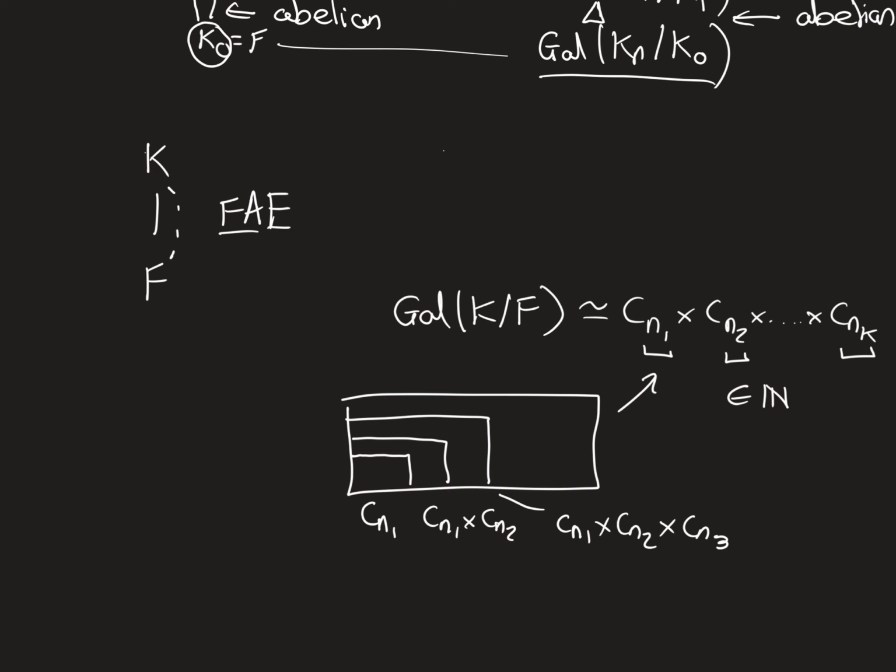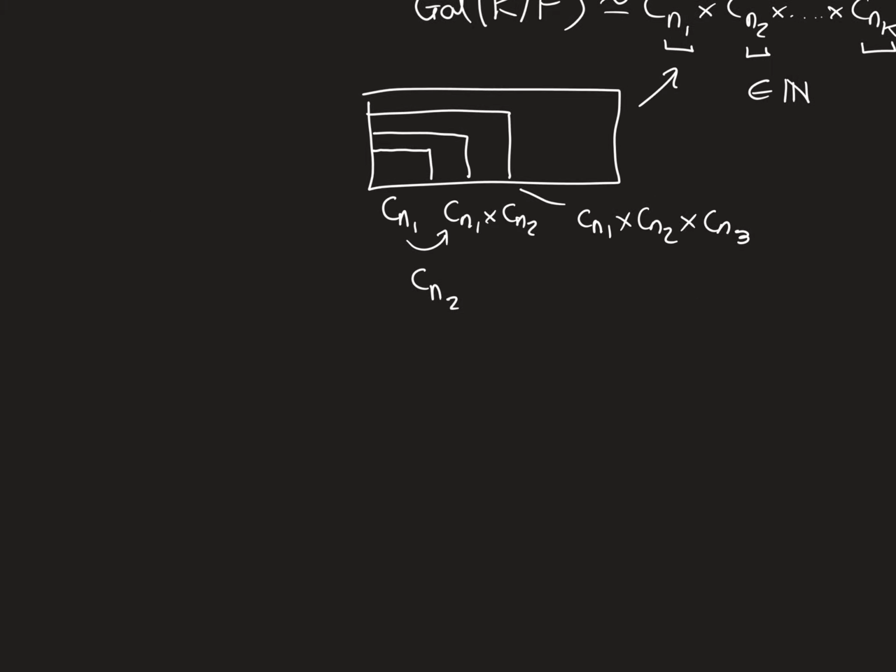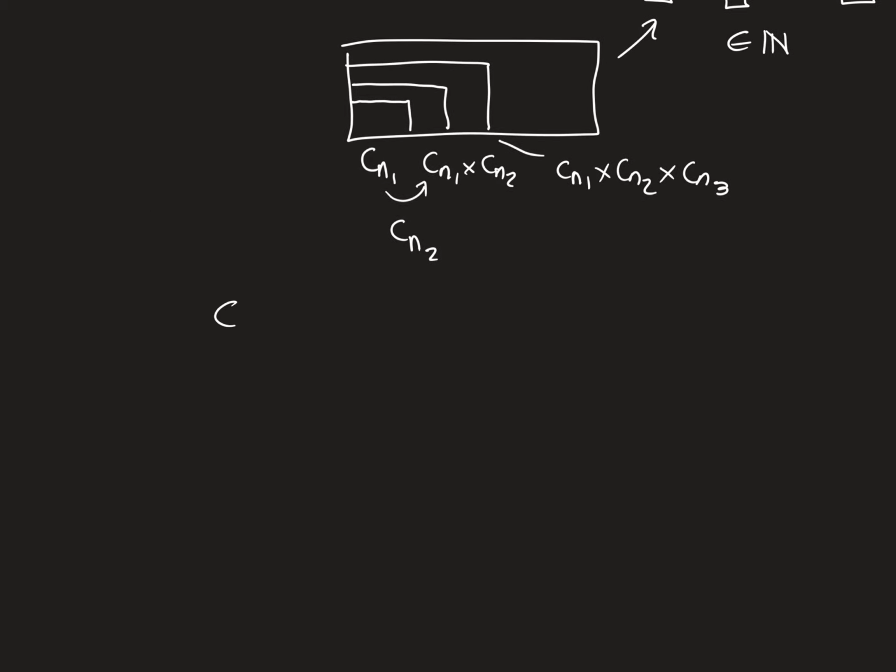So you can create this ascending chain of subgroups where you're just adding on an additional product each time. And now each one, Cn1, is going to be normal inside Cn1 cross Cn2 because they're all abelian and therefore all subgroups are normal. And what's the quotient going to be? You might need to think about this a little bit, but the quotient is going to be Cn2. When we think about Cn1 cross Cn2, the notation is incredibly suggestive.